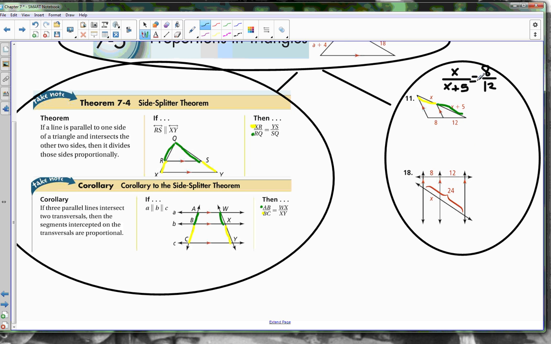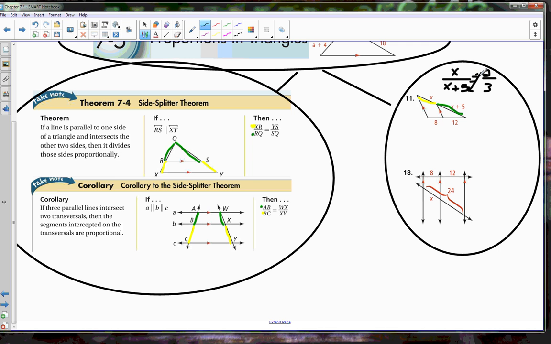So before I start manipulating, I know 8/12 reduces because 4 goes into 8 and 4 goes into 12. So I'm going to reduce that first. So 8/12 is 2/3. That'll make my numbers a little bit easier. So I'm going to cross multiply. And so I get 3x equals 2 times x plus 5.